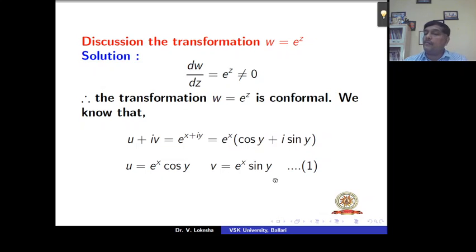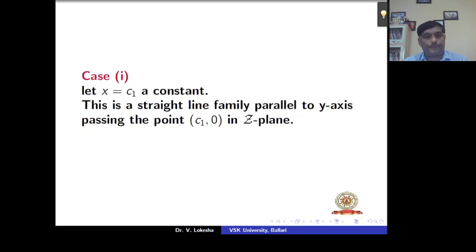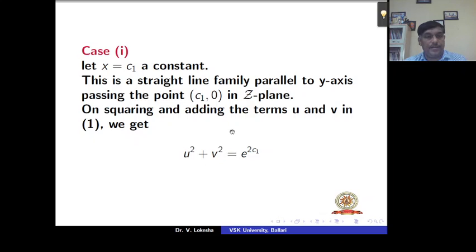Now we will discuss what happens to the transformation here. Let x is equal to c1, where x is a constant, meaning it is a line. This is a family of straight lines parallel to the y-axis passing through the point c1, 0 in the z plane. On squaring and adding, as we already discussed, we have expressed x in terms of u and v.